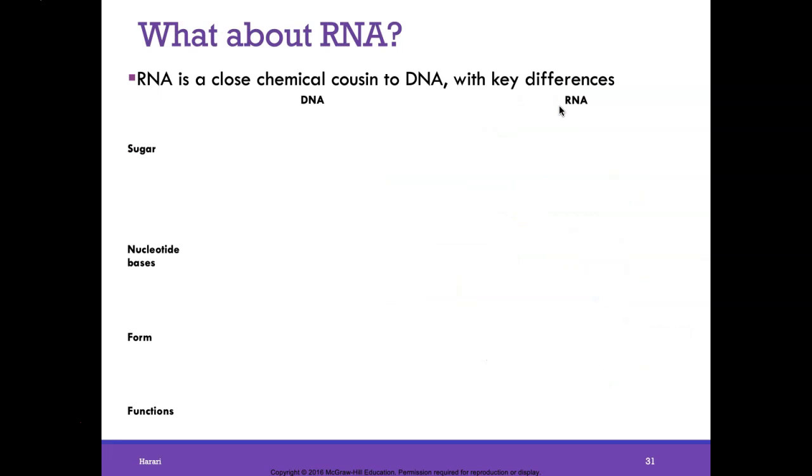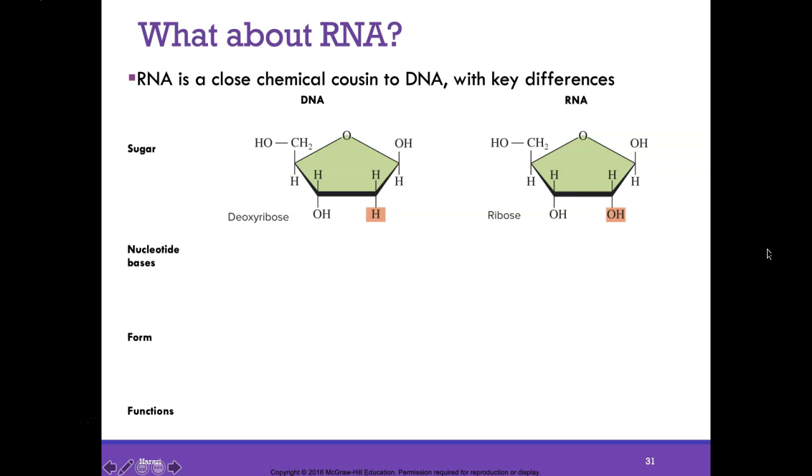So that's a little talk about DNA for now, but now we're going to start talking about RNA. RNA is a close chemical cousin to DNA, but with some key differences. Whereas in DNA the sugar is deoxyribose, in RNA the sugar is ribose. And that just has an extra O over here. This is deoxyribose. It has one less oxygen.